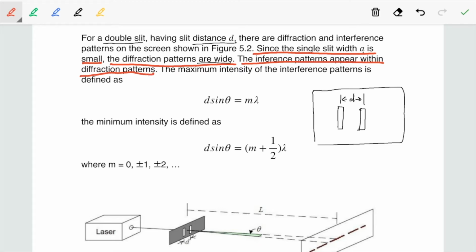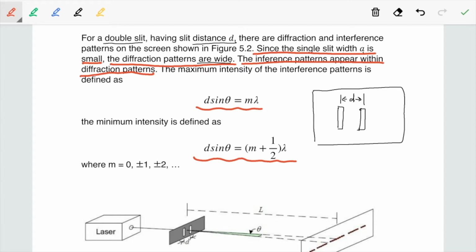Maximum intensity of the interference pattern is defined as this. This is the definition of the maximum intensity of the interference pattern. Then the minimum intensity is defined as this one. So this is like what we said, the bright fringe and the dark fringe.